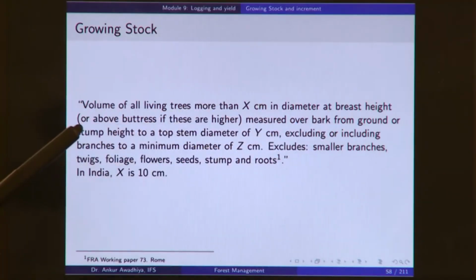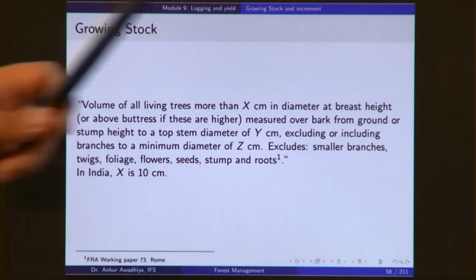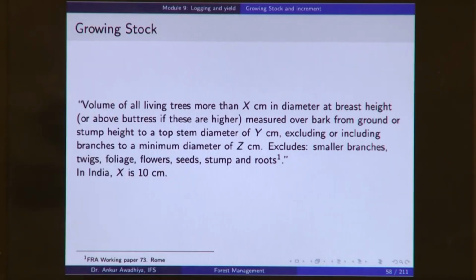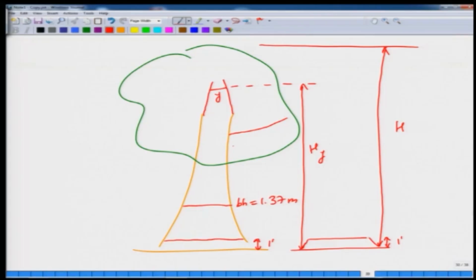Excluding or including branches to a minimum diameter of z centimeter. What is it saying? It is saying that if you have a branch and the diameter of this branch is, let us say, z centimeter, you are going to take this measurement as well.